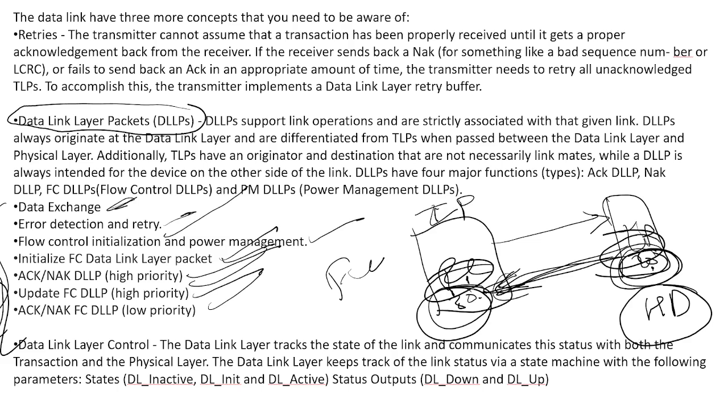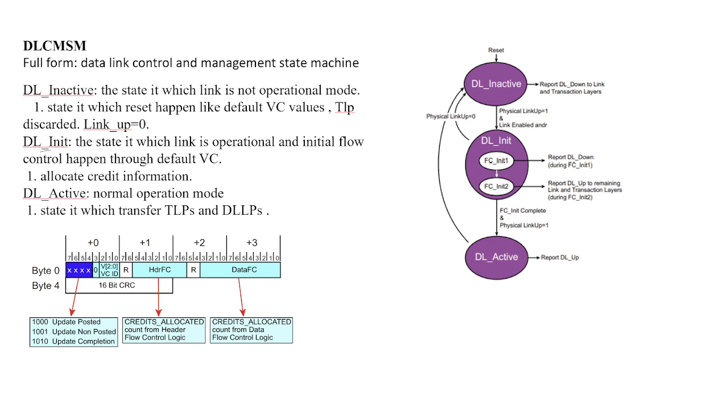So there is no point in stopping these packets. The link won't stop these packets. If you are sending actual data, only if you have enough space can you send. But these DLLPs will be updated concurrently, in parallel, from receiver to transmitter and transmitter to receiver, both sides. So in this way, the data link layer is mainly helpful.